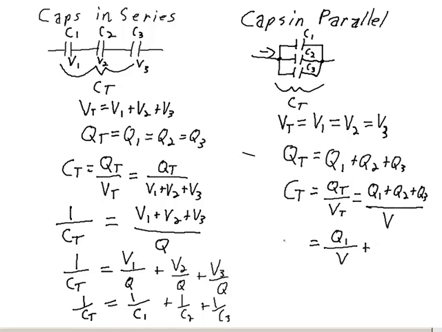The total capacitance is equal to Q1 over V plus Q2 over V plus Q3 over V. And going back to the definition of what capacitance is, charge for a given voltage, Q1 over V is equal to C1, Q2 over V is C2, and Q3 over V is C3. So the total capacitance is equal to C1 plus C2 plus C3. Now this is, again, opposite of the way that resistors in parallel work.